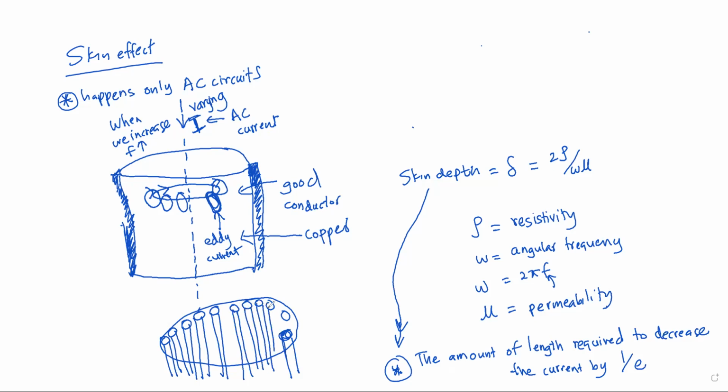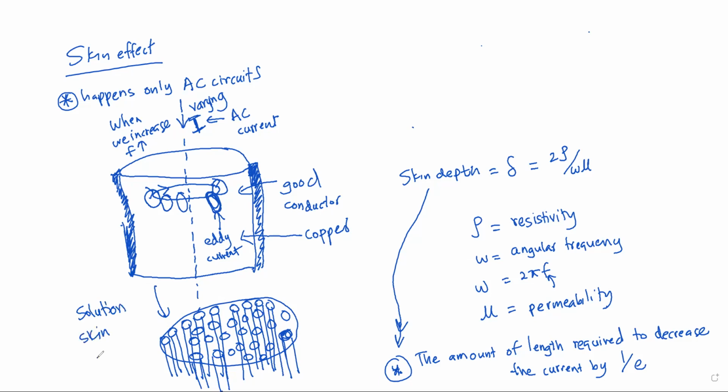Rather than using one single wire, we can use several small conducting wires. In this case, the amount of eddy currents forming is reduced because the cross-section area is reduced, and therefore the possibility of creating high eddy currents is low, and the skin depth is very low in these kinds of small wires.